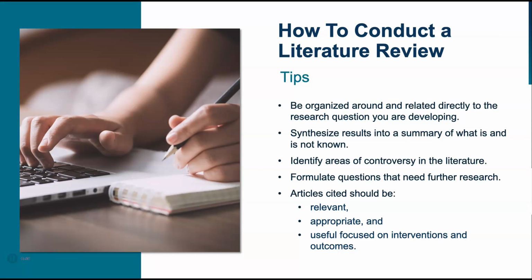Also, you want to identify areas of controversy in the literature where we have studies that say this, but then a whole group of studies over here say that, right? And really the results are inconclusive because we see studies going both directions. So a really good thing to run into when you're searching for literature and reviewing articles is what we call a meta-analysis.